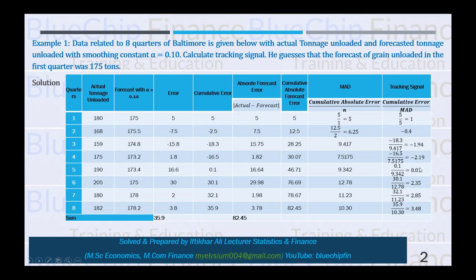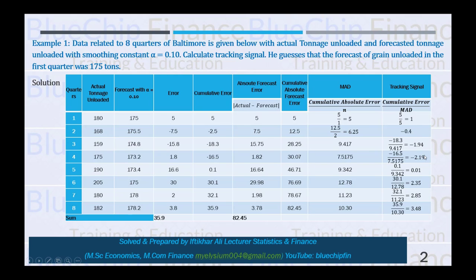Through this method you can calculate the whole range of tracking signal, and you can see that there is a variation which starts from minus 2.19, the extreme value on the minus side, up to plus 3.48. So through this method you can calculate the tracking signal range.